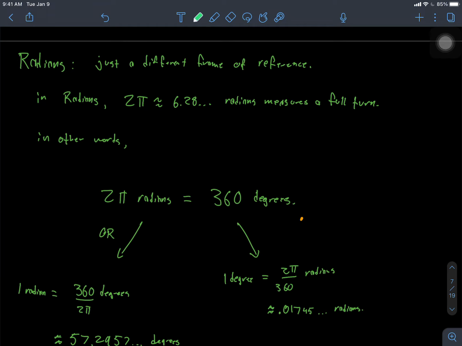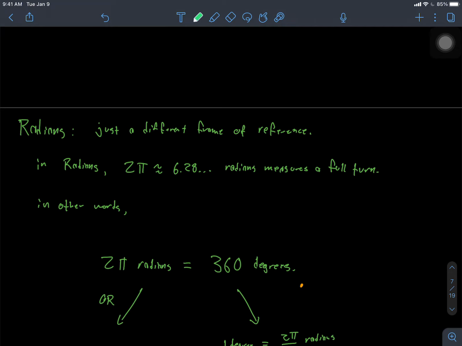Radians is just a different way of looking at things. Instead of saying that 360 degrees is 1 full revolution, the new perspective we take is that 2 pi radians is 1 revolution.